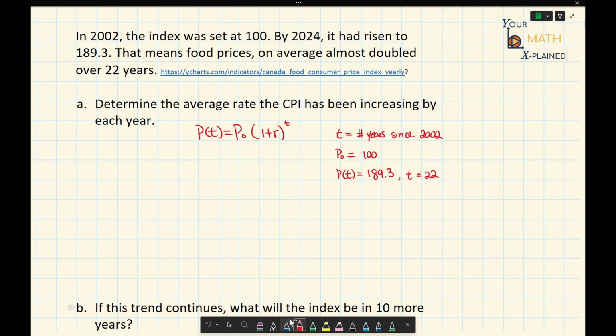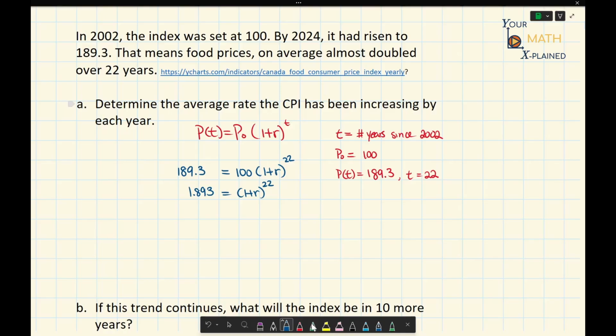And now we can go ahead and substitute these numbers into the equation. So we're going to get 189.3 is equal to 100 multiplied by (1 plus r) to the power of 22. We're going to divide both sides by 100, and we're going to get 1.893 is equal to (1 plus r) to the power of 22.